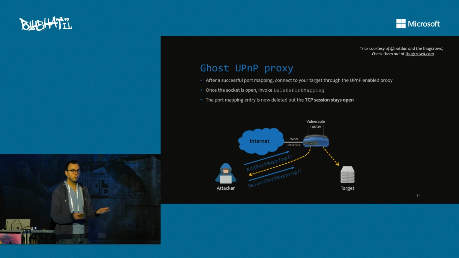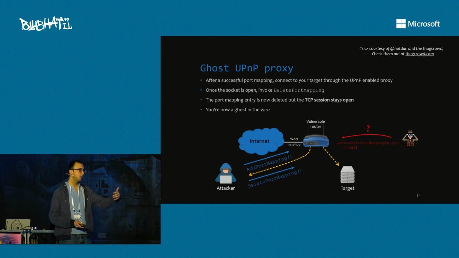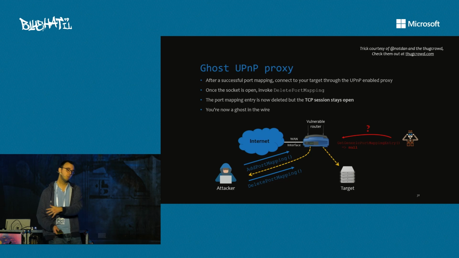So if you remove the rules, your TCP session, if it's open, will stay established. And then if a third party tries to query the router for any port entry, he won't see anything. So this is one way to be invisible.